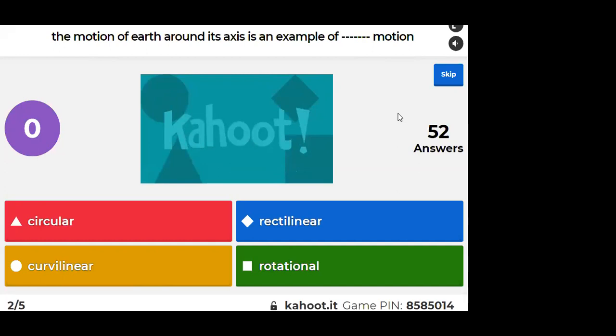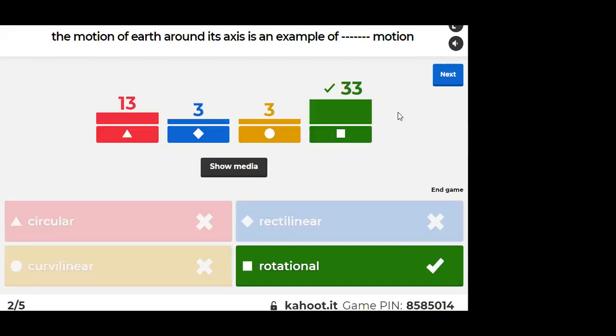Okay. Yes, it is a rotational motion. See, it is the motion of Earth around its axis. It is not around the sun. Try to understand the concept. If it would have been around the sun, then you could actually think. Okay?